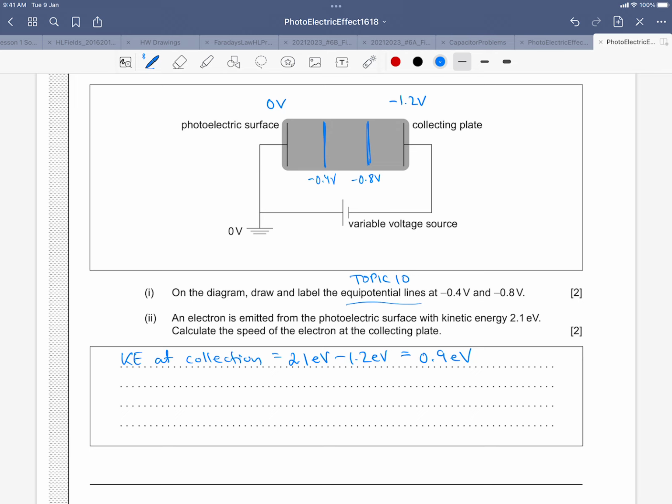That's the energy at the collecting plate, which is half mv squared. And we just need to then isolate v. 2 times 0.9, but that's in eV. Let's turn it into joules and divide by the mass of the electron, and that comes out as this.